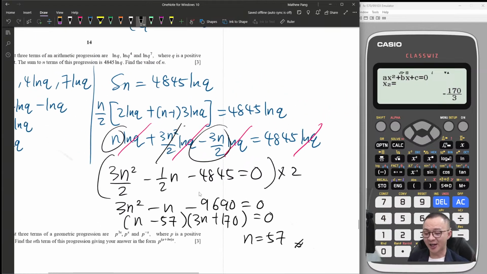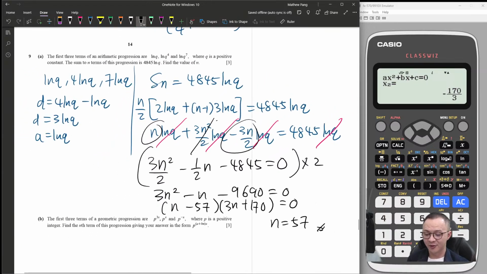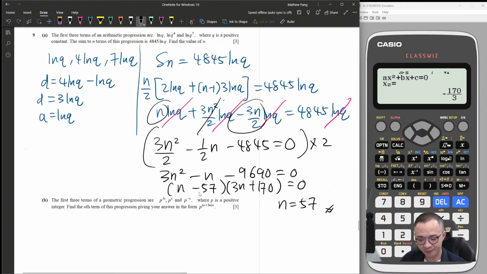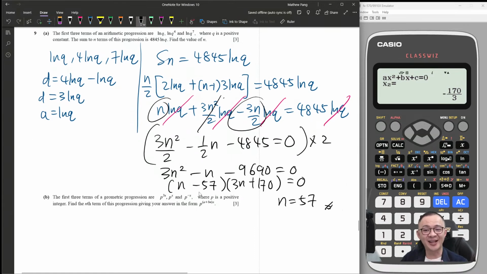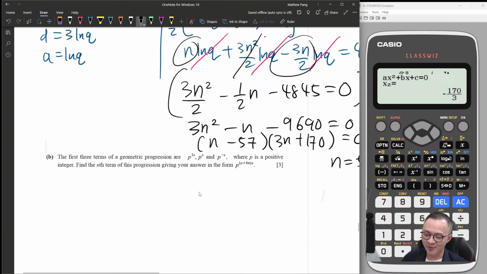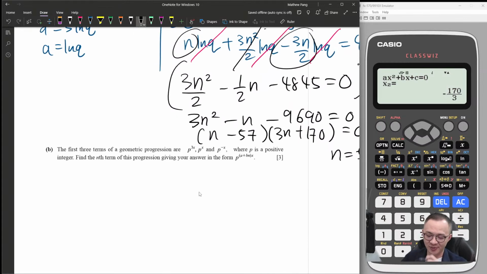Your n cannot be negative. You are right. You can just use the Sn formula for that one. Okay, done AP. 3 mark. A bit challenging for this 3 mark if you have no idea how to do.